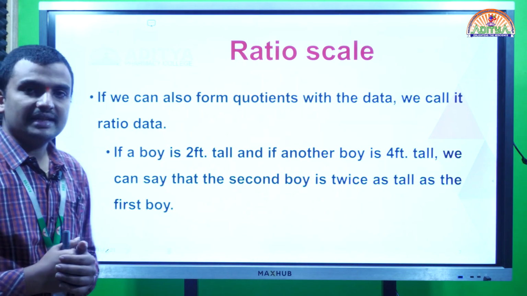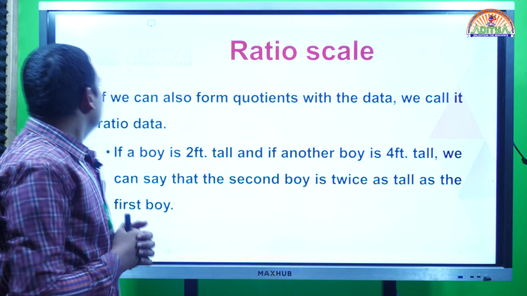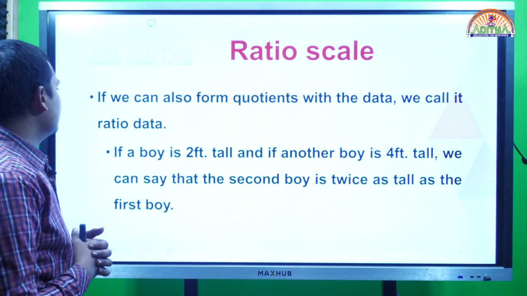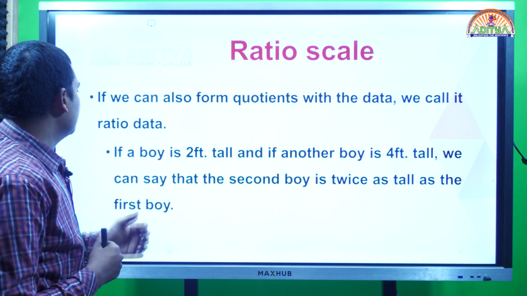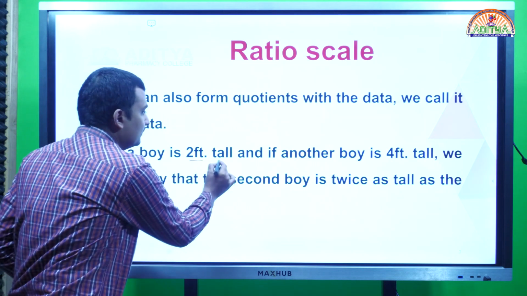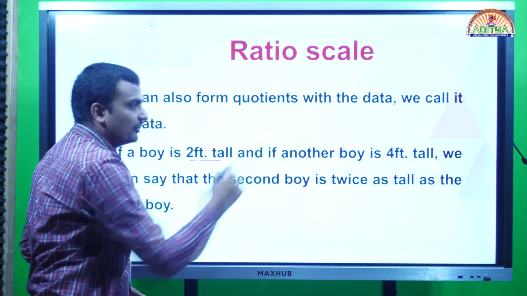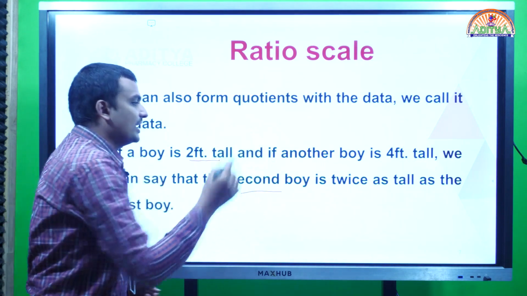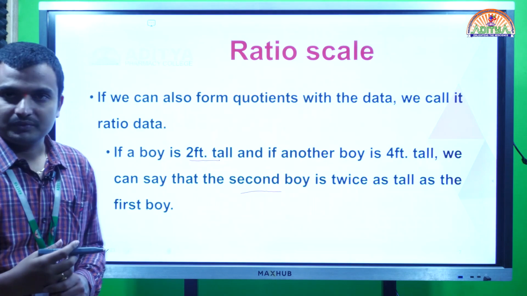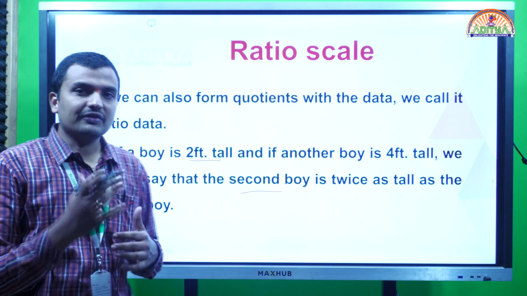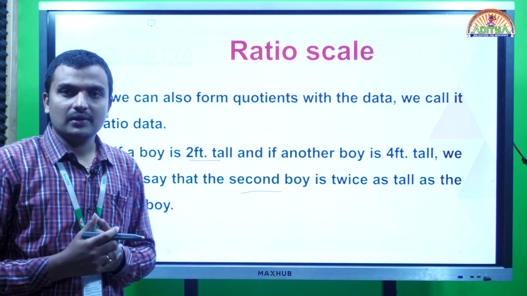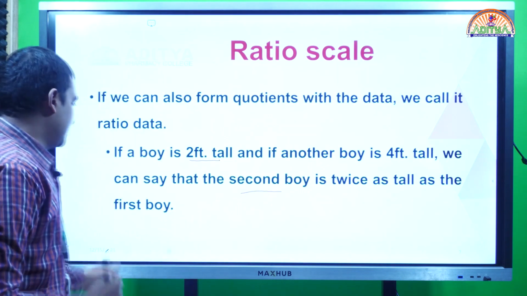And the other scale is the ratio scale. If we can also form quotients with the data, we call it a ratio scale. For example, if a boy is 2 feet tall and another boy is 4 feet tall, we say that the second boy is twice as tall as the first. This kind of giving quotients is called ratio scale.